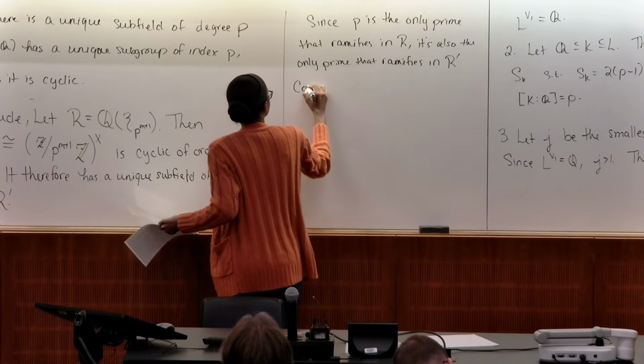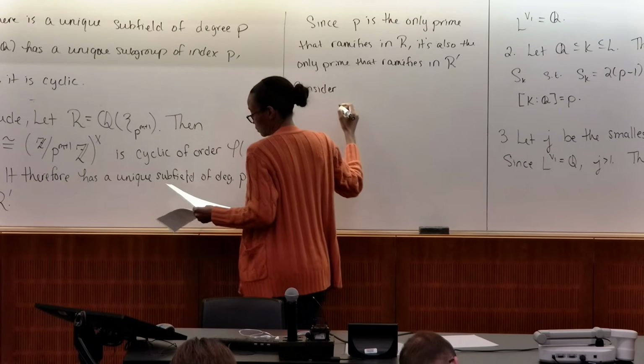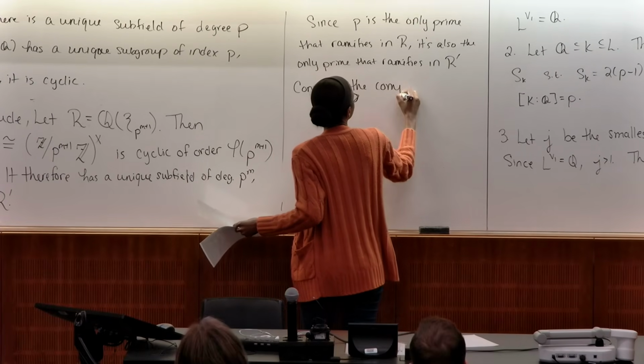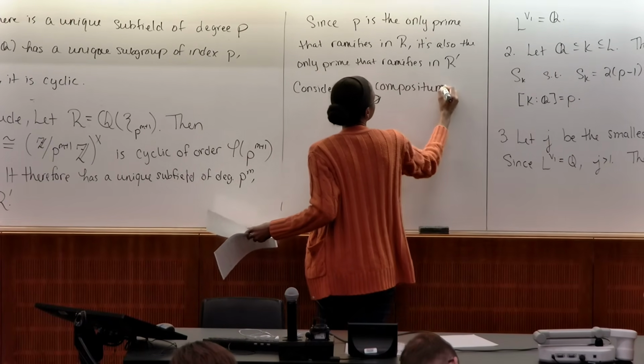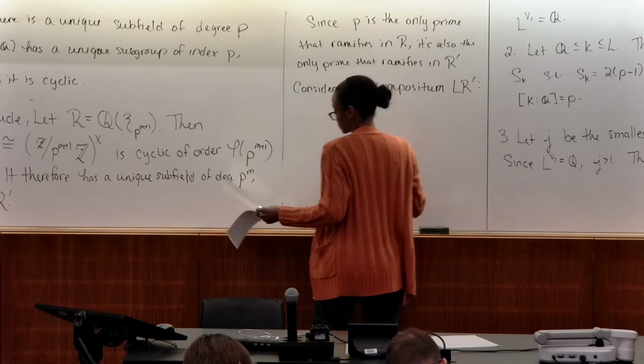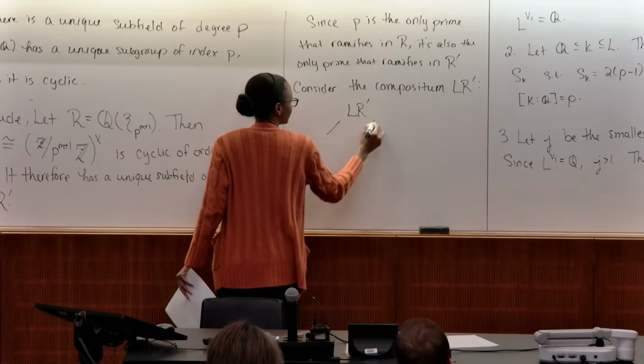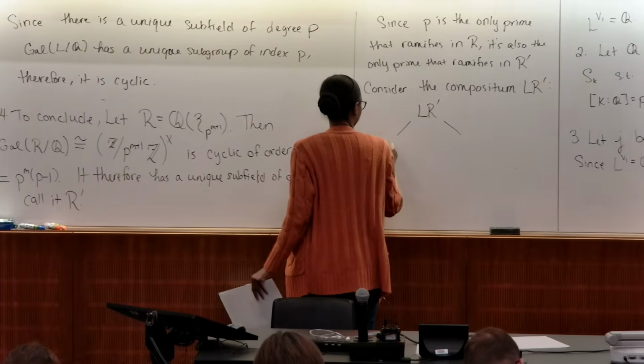And now we're going to consider the compositum of L and R prime. So we have a field diagram that includes a diagram that looks like this.